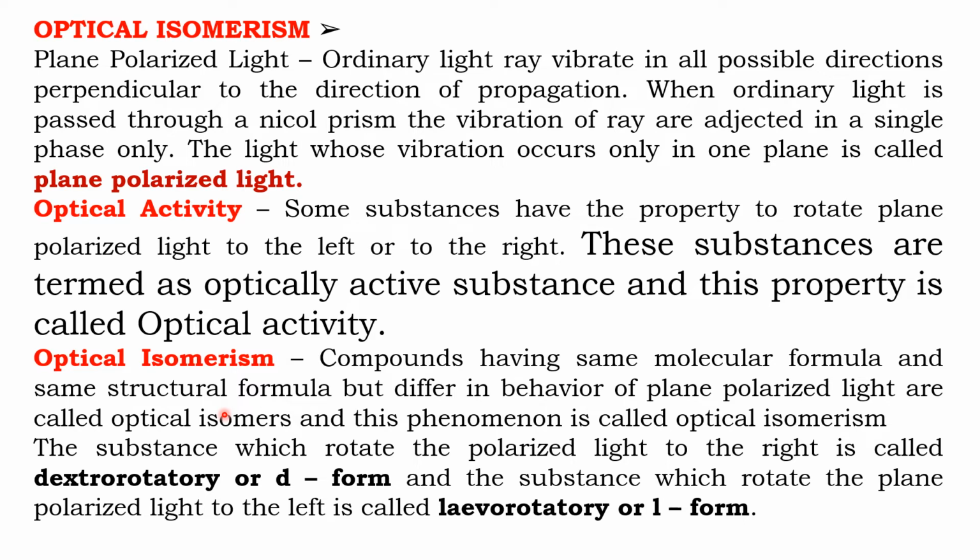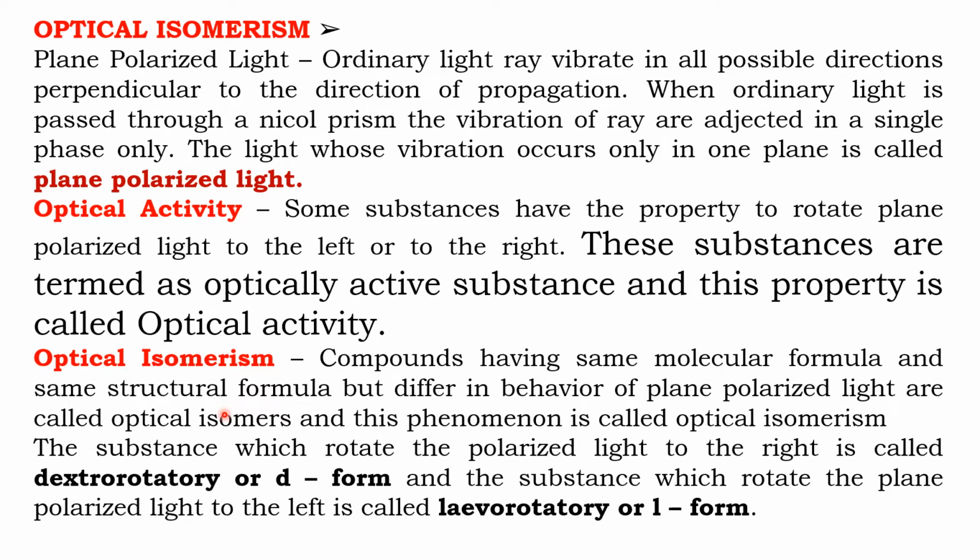They have the same molecular formula, same structural formula, but one isomer rotates the plane polarized light towards left while another rotates the plane polarized light towards right. This difference in behavior towards plane polarized light is called optical isomerism.